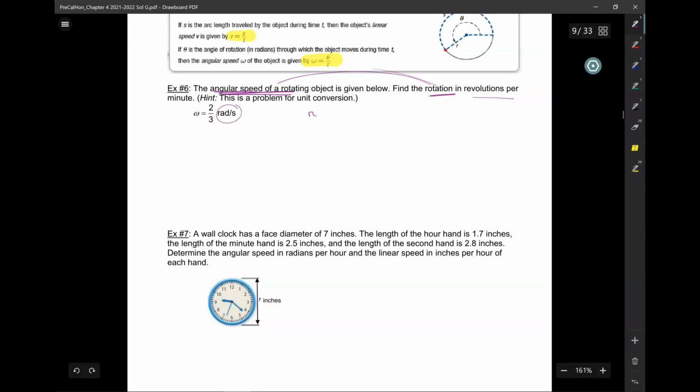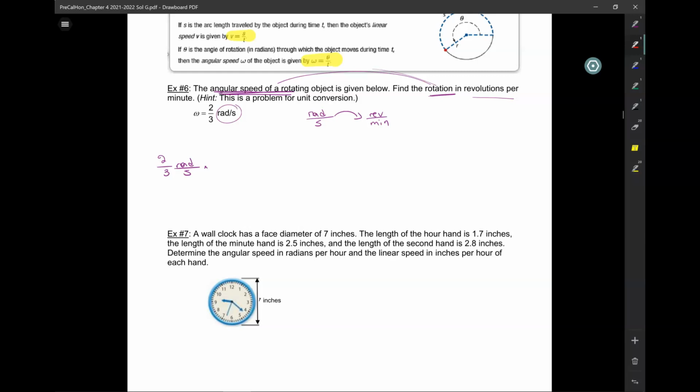So essentially we need a unit conversion from radians per second to revolutions per minute. We write down what we have. Always start with the quantity that you're given, and then we convert. Here the radians are going to convert to revolutions and the seconds to minutes.